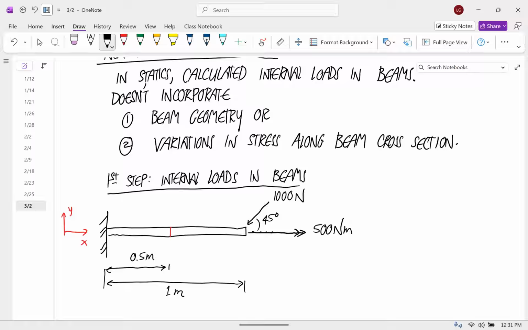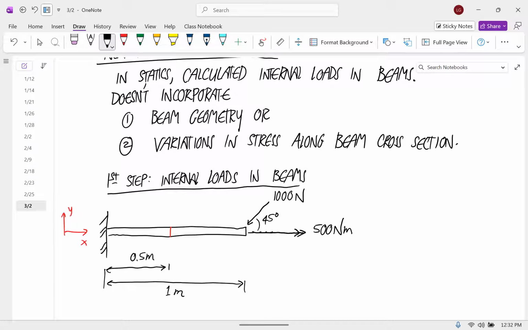Okay, so remember that a couple you can think of as just like a pure moment. A couple is always really caused by two equal and opposite forces. In this case, think of the direction of that rotation. If you put your fingers in the direction of the couple vector, the rotation is like this, okay?